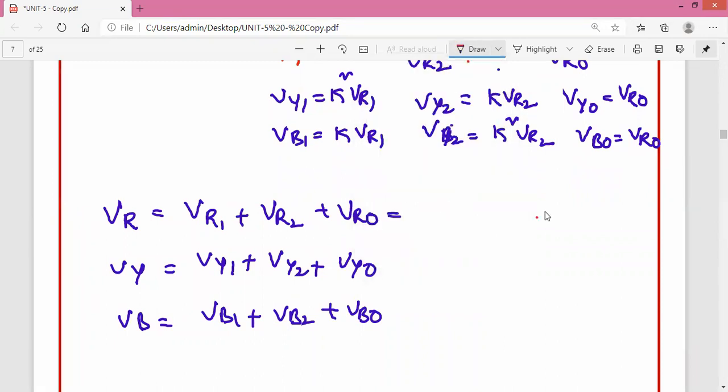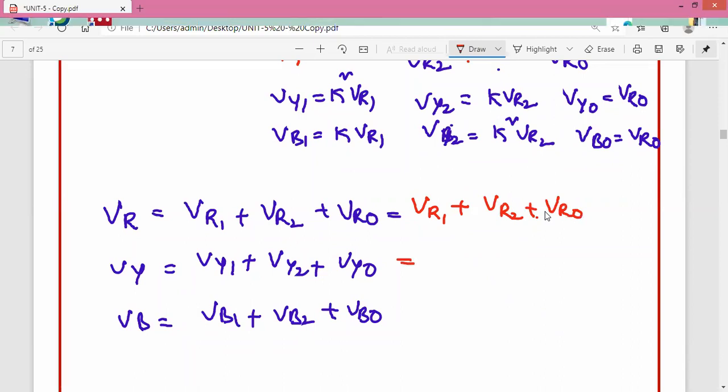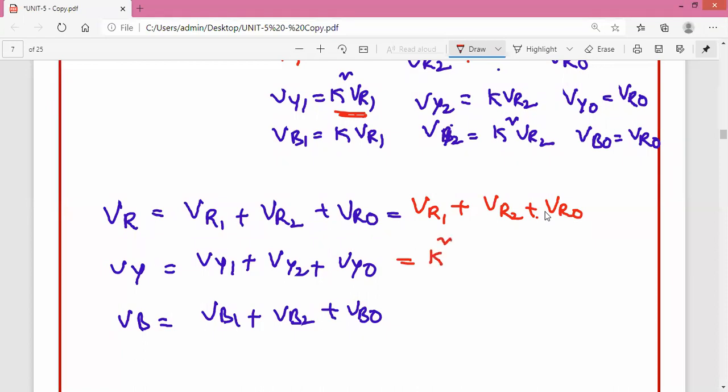So I'm transforming these into symmetrical components. This is a conclusion for this entire class. VR1 plus VR2 plus VR0, right? So I'm just taking it as a reference. Then Vy1 can be represented like k square times VR1, plus Vy2 can be represented as k times VR2, and here it is again VR0.